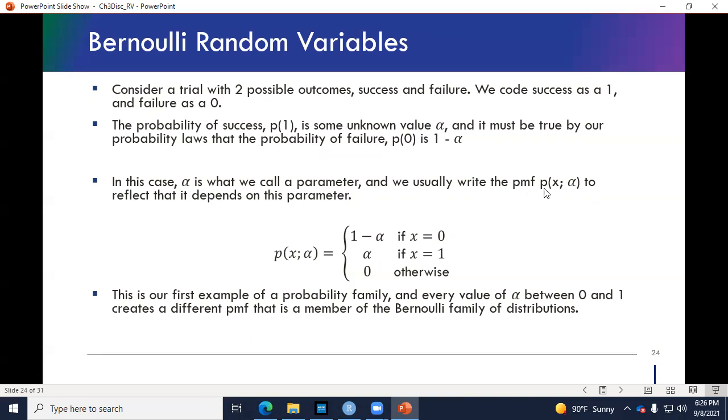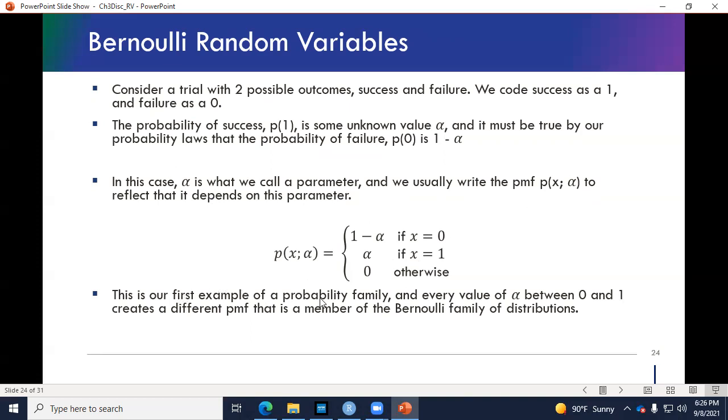And if you write it out, for x equal to 0, it equals 1 minus alpha. For x equal to 1, it's just alpha. And there are no other cases. It can be either 0 or 1. So for other cases, the probability will be 0.